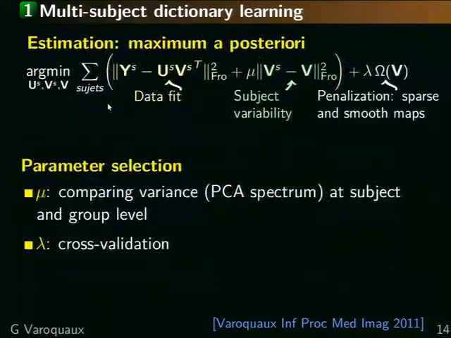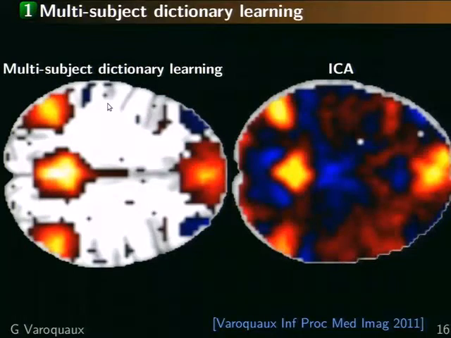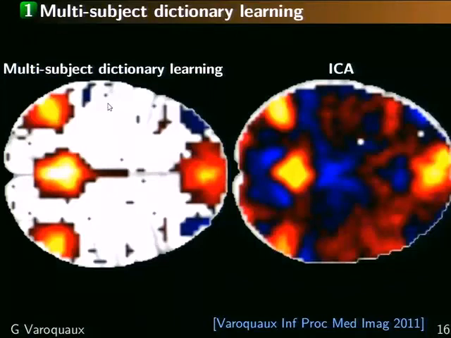So if we compare this to ICA, what we see is that ICA is much more noisy. It gives similar results, but it's much more noisy. And the way I interpret this is that the criteria that we're using to select noise, observation noise at the subject level, or subject variability noise, is really not informed by our final goal, which is to have sparsity.